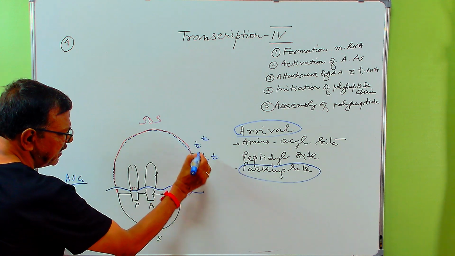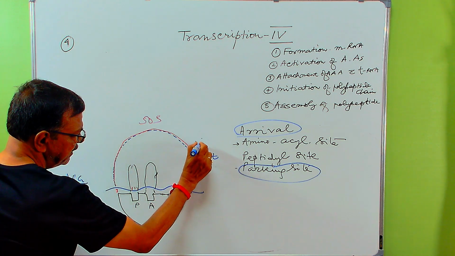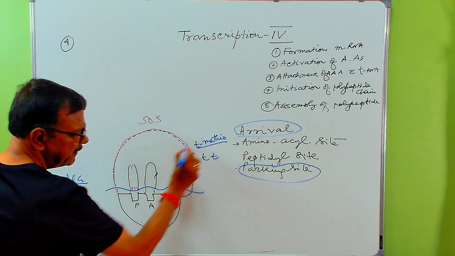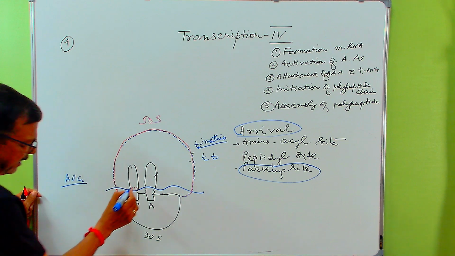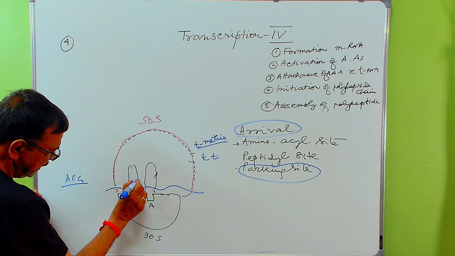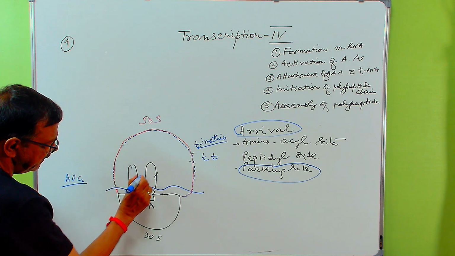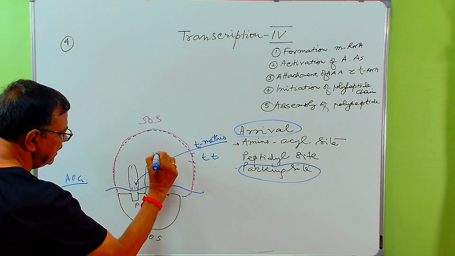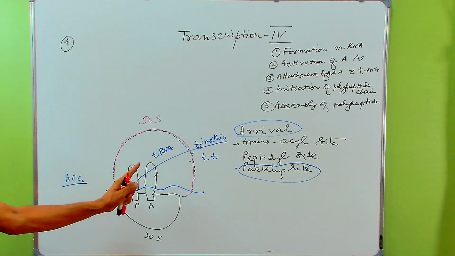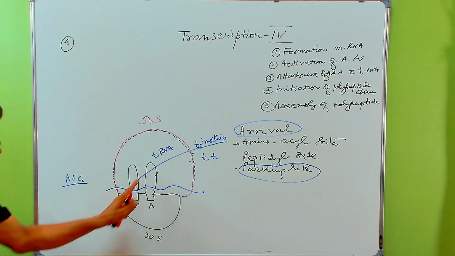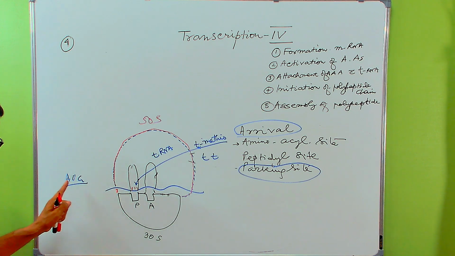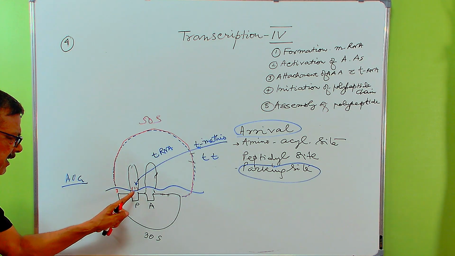The first codon tRNA, I will write tRNA methionine. tRNA methionine will come here and lie near the P site. The tRNA will come first to the P site, where the AUG initiation codon is.